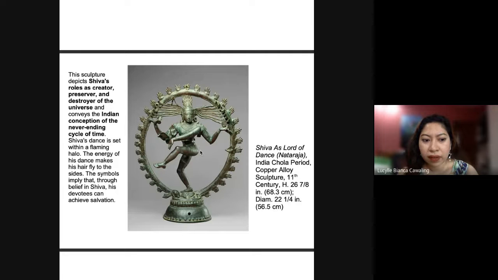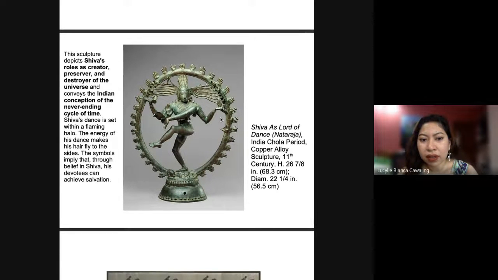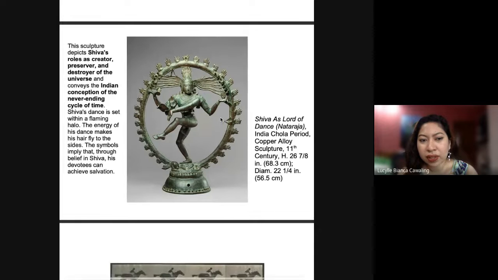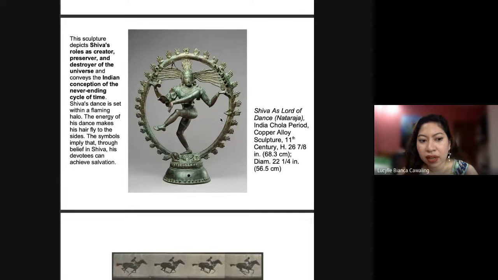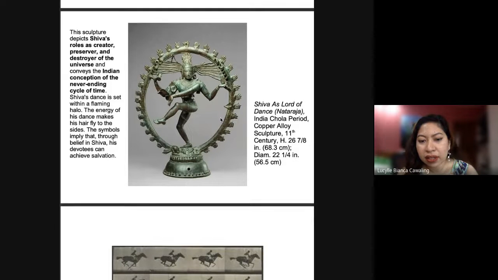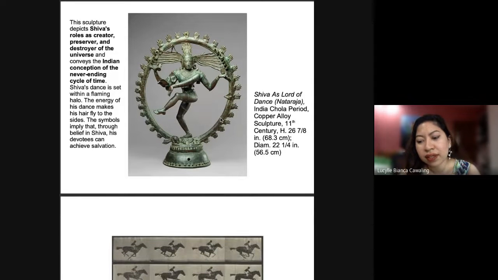And then the hair is also very interesting here. The energy of his dance makes his hair fly to the sides. So in that way, it also symbolizes for the Hindus how you get salvation.